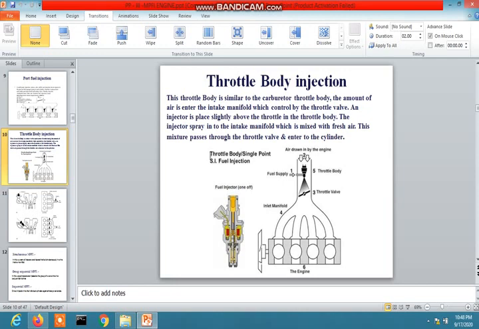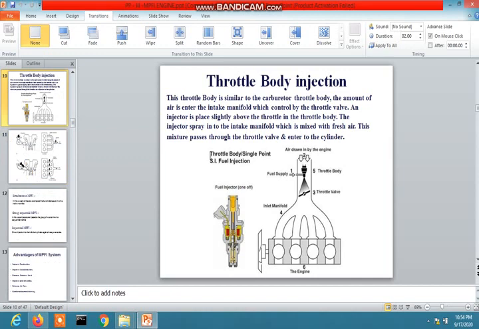The amount of air that enters the intake manifold is controlled by the throttle valve.